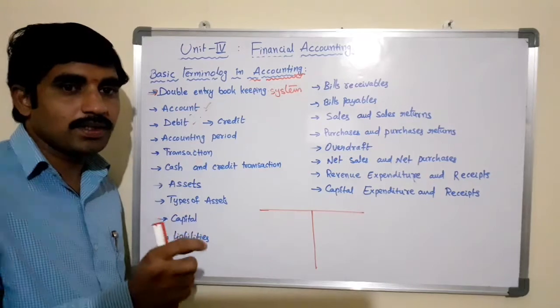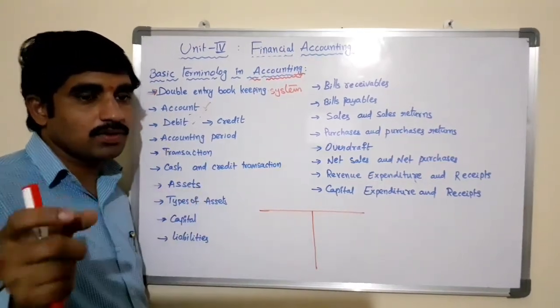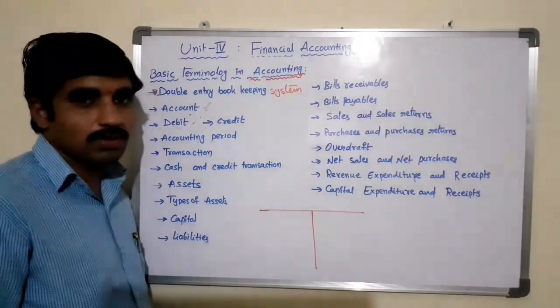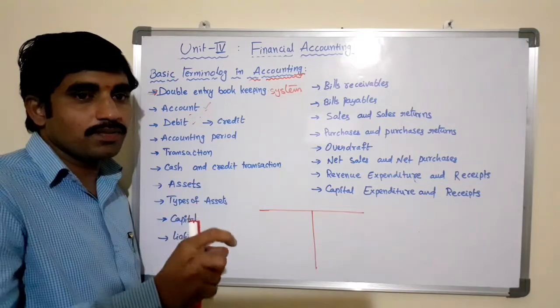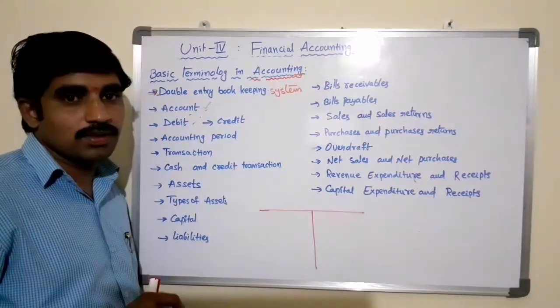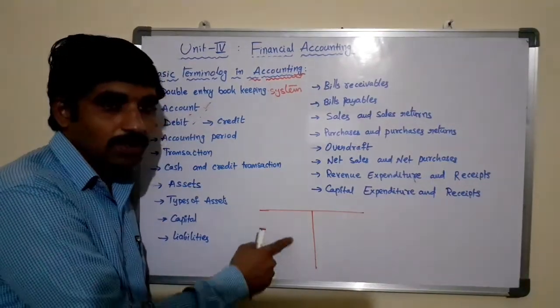Once you have completed the journal entries, they should be posted to the ledger book. The ledger book consists of the several accounts of the business. To prepare an account, we use this format.